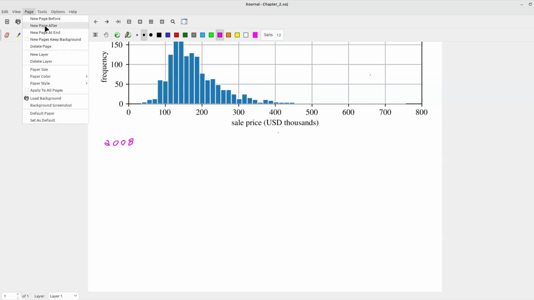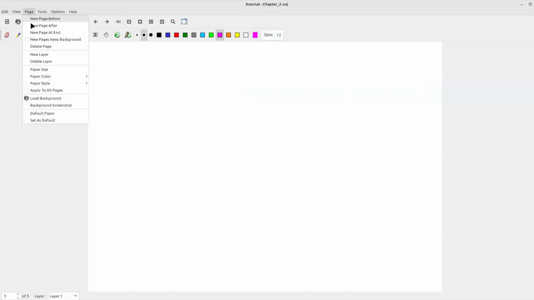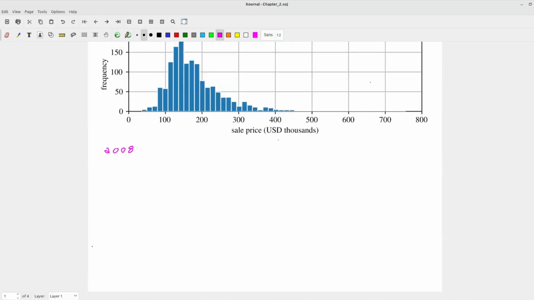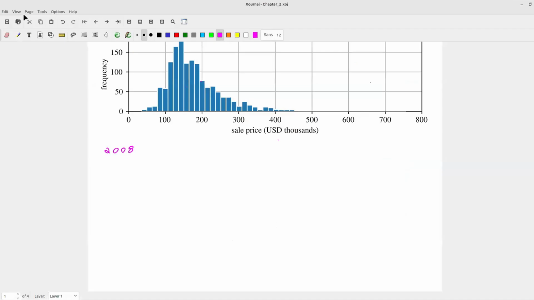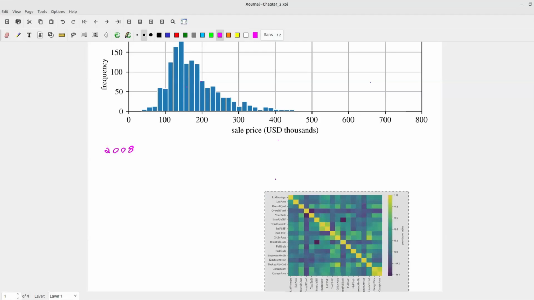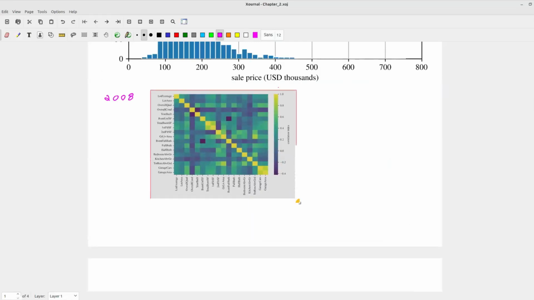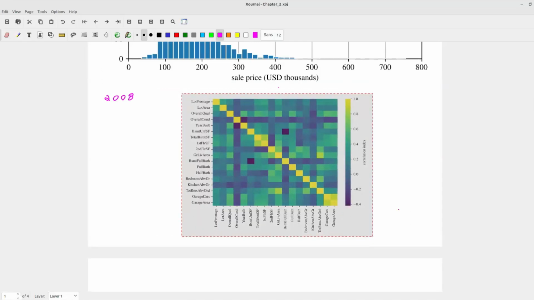Another quick way to look at this data set is a correlation matrix. This shows you how similar two things are. If you've never read a correlation matrix, we have lot footage and lot footage.